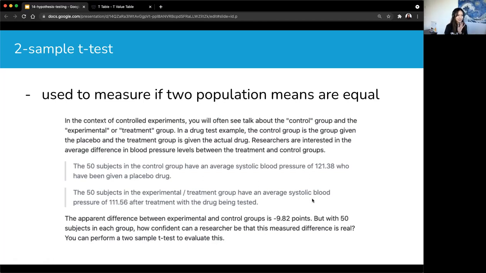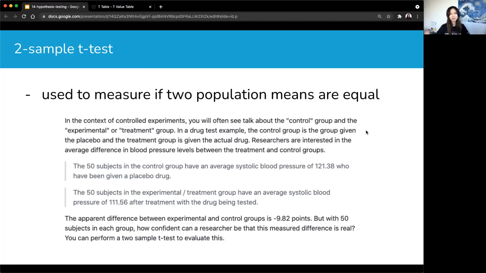Yes, there is a difference, but we want to see how statistically significant this difference is. And so when you want to do a comparison like this, you want to do a two-sample t-test. For data science, we won't really be dealing with these kinds of differences. However, a very, very common use case of two-sample t-test, which we'll actually talk about next week, is in A/B testing, like testing the effectiveness of different things.